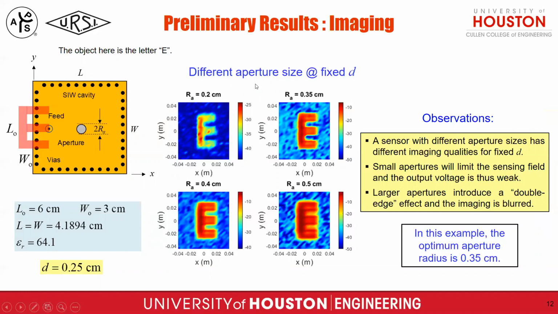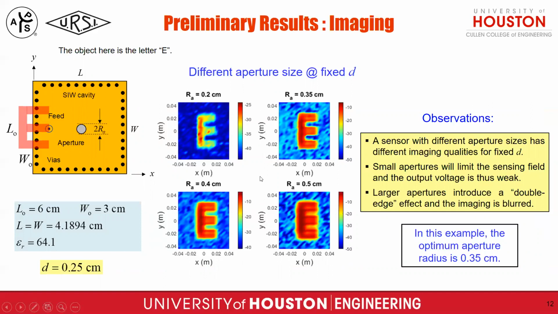We compare different aperture sizes, and also we keep the vertical distance fixed. If the aperture radius is small, for example 0.2 centimeter, we find the output voltage is very small. And if we increase the aperture size, we find the object is clear.